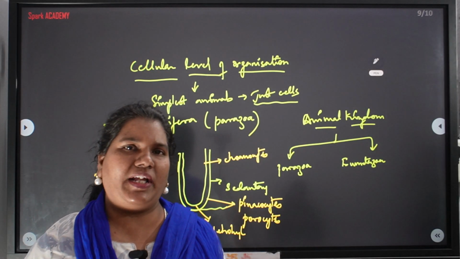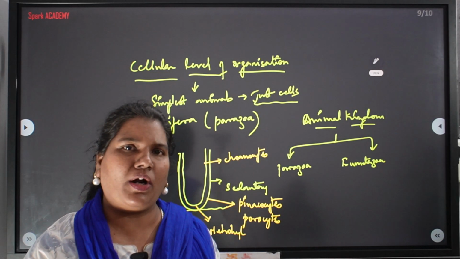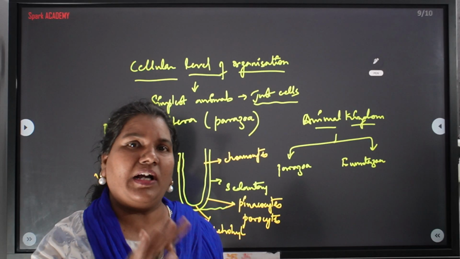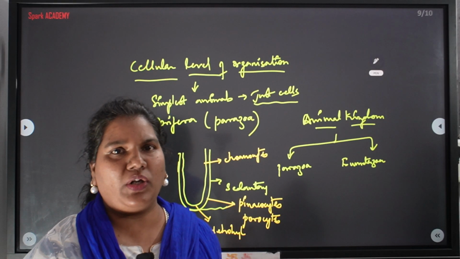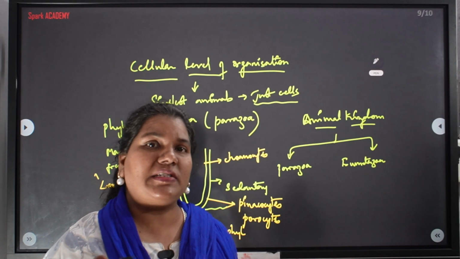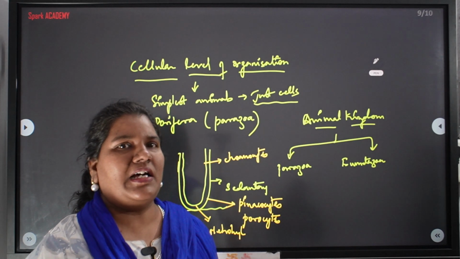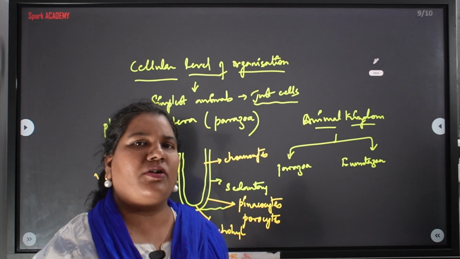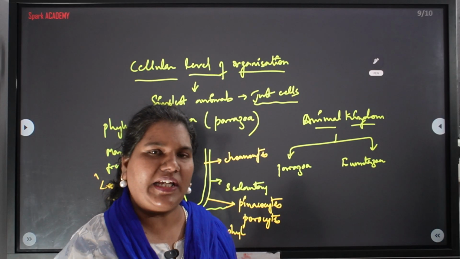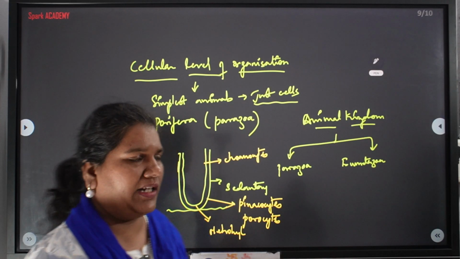If there is a nervous system, the cells can interact, coordinate and control, but control and coordination are not there in this animal, because there is no nervous system and the cells are loose. That means they are not controlled by any nervous system. So that is why we also call them loose cell aggregate.